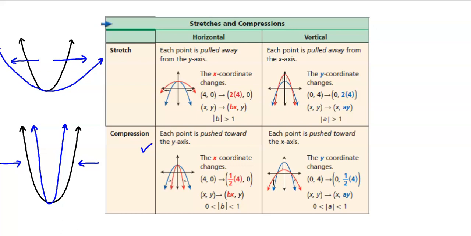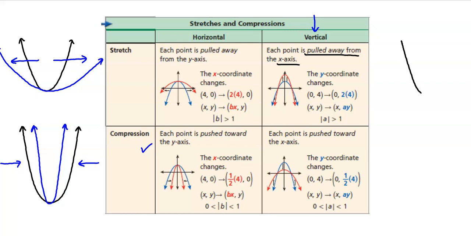Now, if we're talking vertical, if we're looking over in the vertical column, the vertical column means that I'm pulling away from the x-axis. So I'm thinking of the x-axis as being like gravity, and I'm pulling away in one direction or the other. So I start with some sort of a bowl.